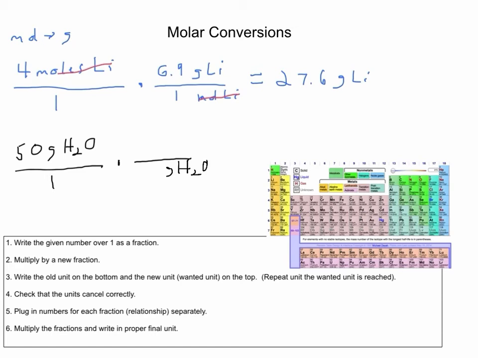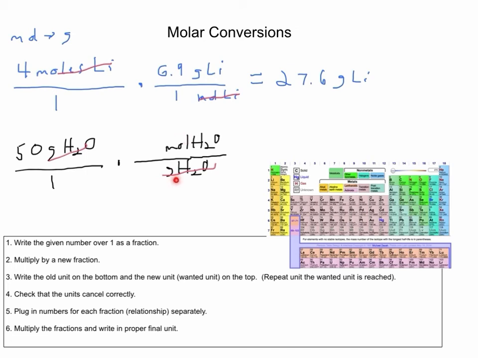The unit we want, I said we're looking for moles H2O. And then next step, cancel units. So grams of H2O cancel with grams of H2O. Good, we are left with moles of H2O.